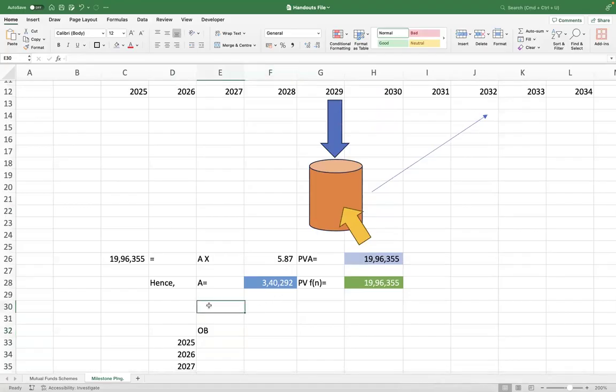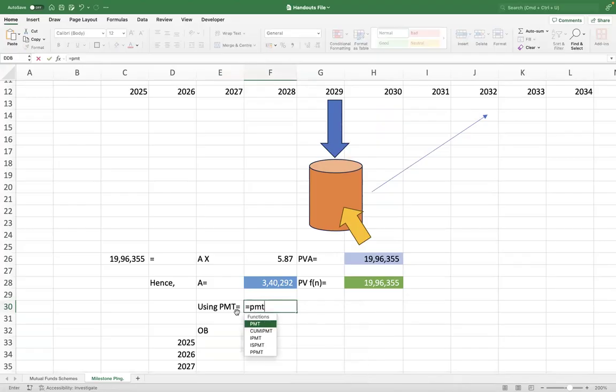You can also find this out using the PMT function. PMT stands for recurring payment, is equal to PMT.